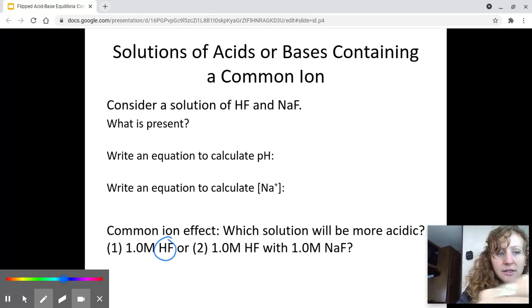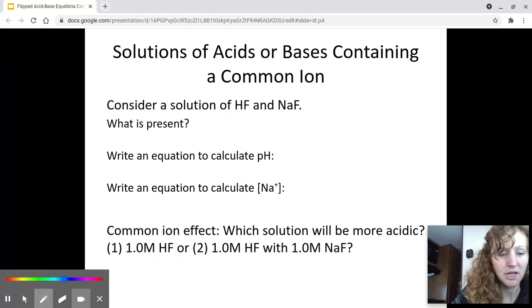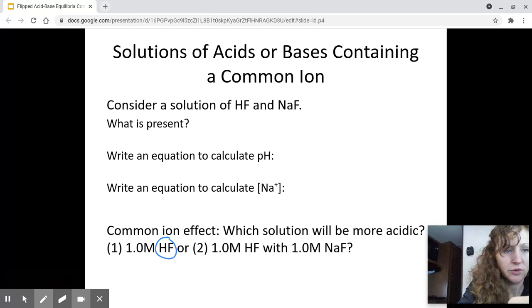Okay, in this scenario, I'm going to run out of space. So let me try this again. I'm just going to use the dissociation reaction for the sake of space.